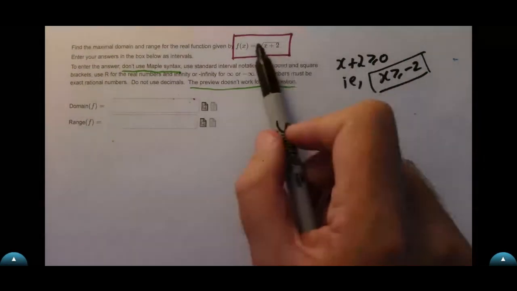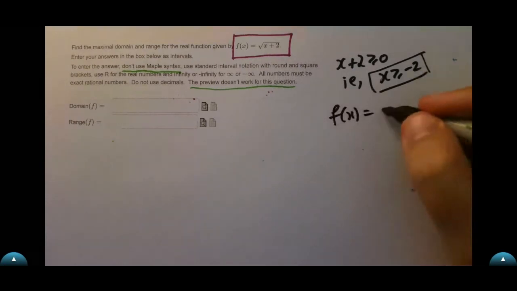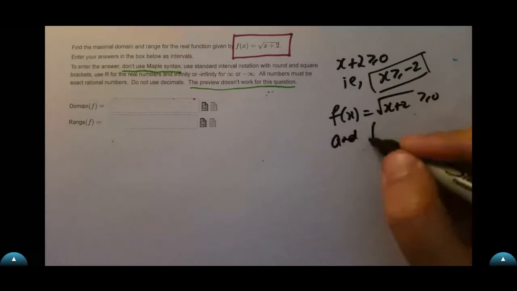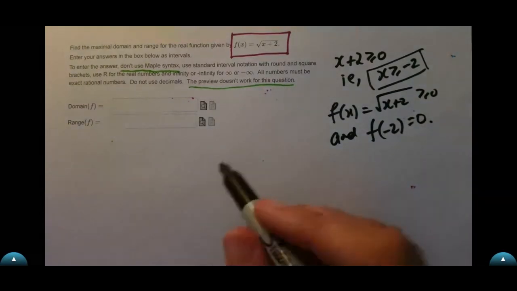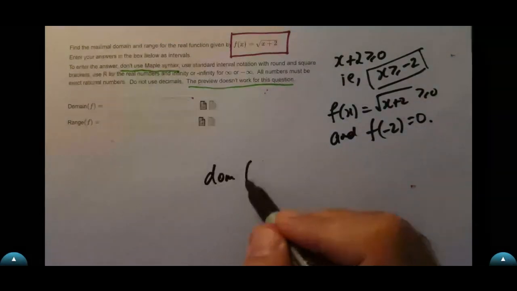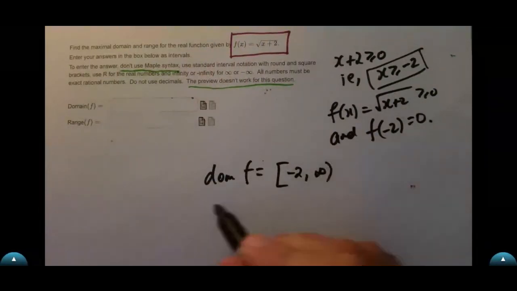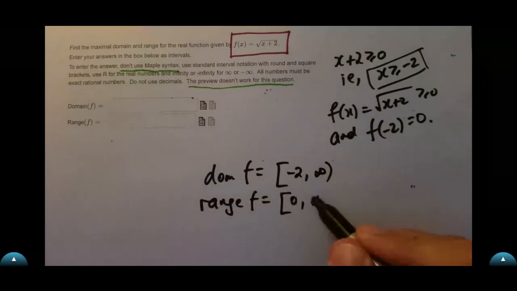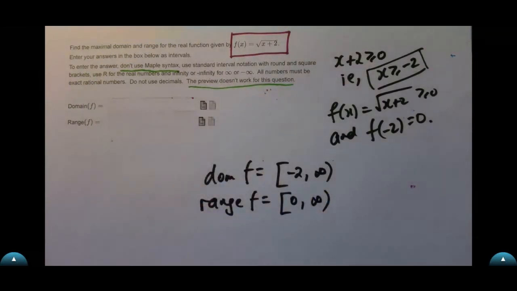And when x equals -2, this thing is 0. Okay. So the domain would be something like this. Yep. And the range would be something like that. And so you just need to put it into the right syntax for these questions.